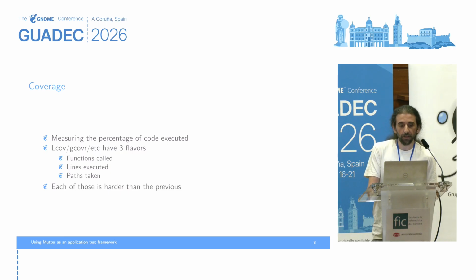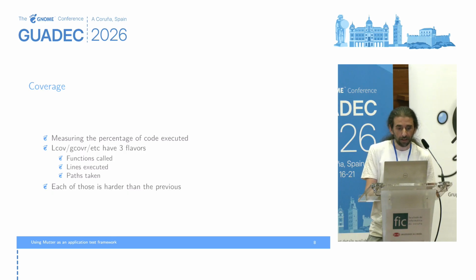For measuring this, you have multiple tools. You usually compile with coverage support, and then several tools are able to extract this information and show you the code with some hints as to which code is actually run by the test suite and which is not.